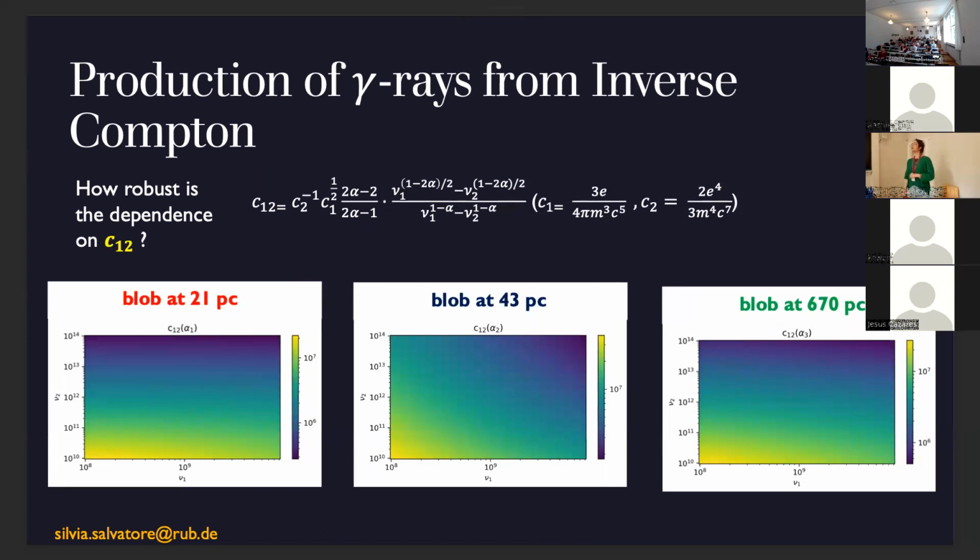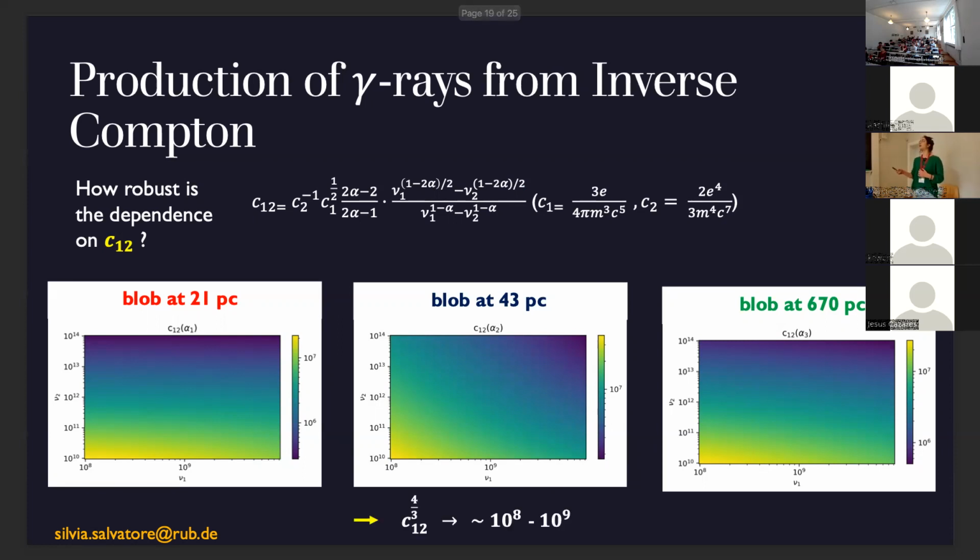The other factor that I'm taking into account here is C12, which is used before to compute the magnetic field. But we notice that even by changing nu1 and nu2 that are described there in the expression above, C12 doesn't even change by one order of magnitude, for example, in the case of the second blob.